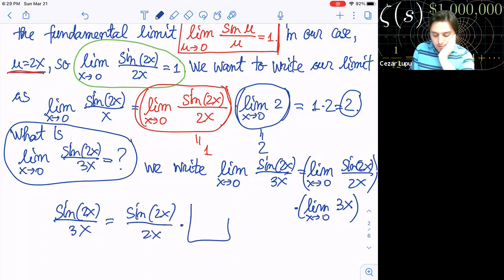Times what should I put here so that it would give me that? Two over 3, correct, exactly. So I put here 2 over 3.